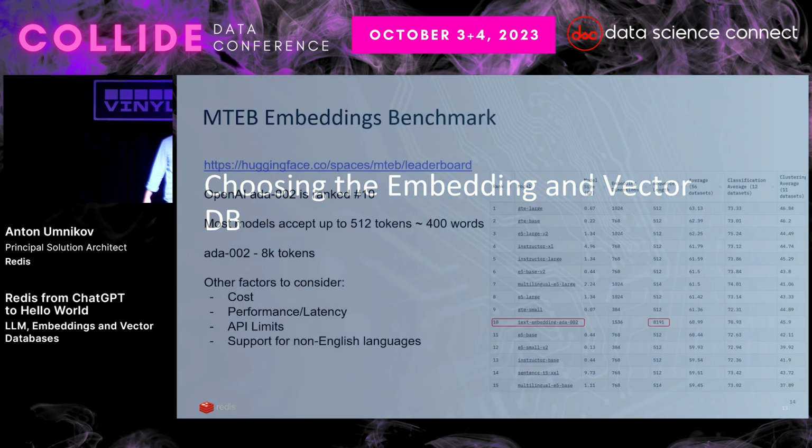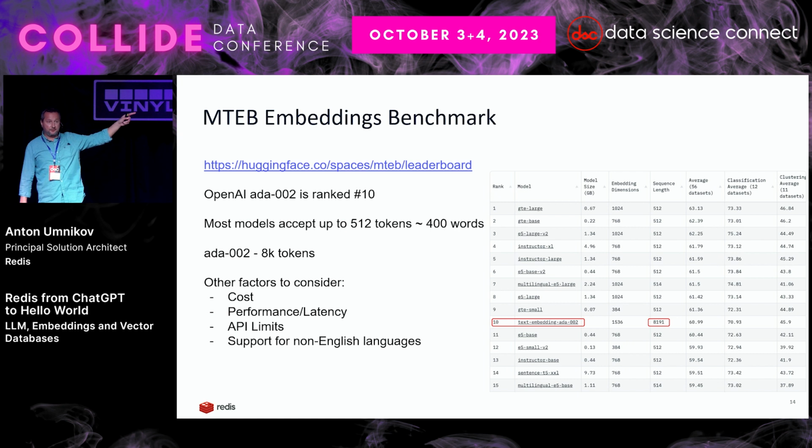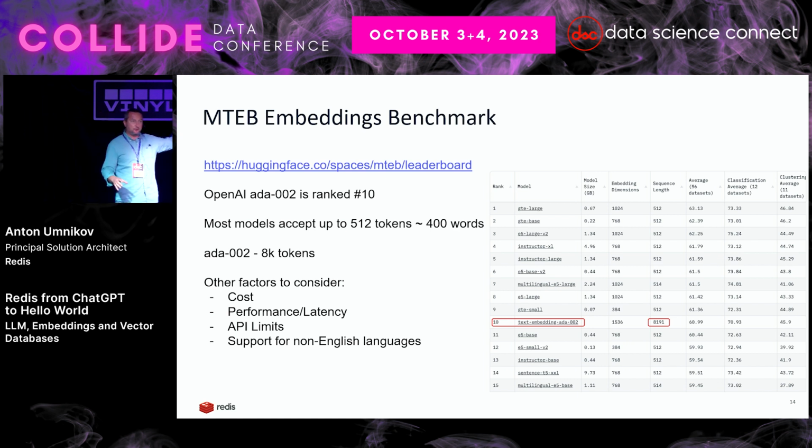So, how do you choose embeddings and a vector database? Again, embedding doesn't have to be from the same vendor as your large language model. If you use OpenAI as your large language model, you don't have to use Ada as your embeddings. Actually, Hugging Face is a great source of embeddings that you can run on your laptop, or on your cloud instance, or in your notebook.